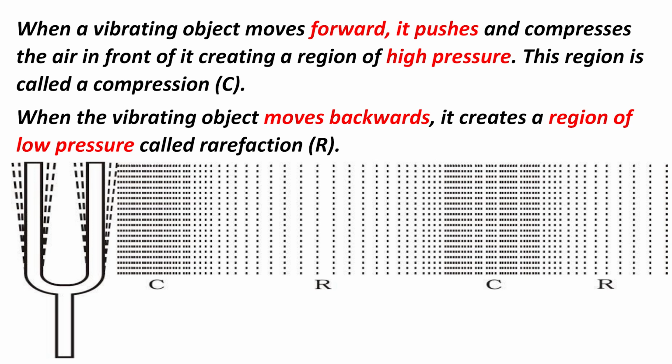And again, as we discussed earlier, the vibrating object moves to and fro, forward and backward. When the vibrating object moves backwards, it creates a region of low pressure. When it moves forward, it pushes and forms a high pressure region called compression, and backwards it creates a region of low pressure called rarefaction.